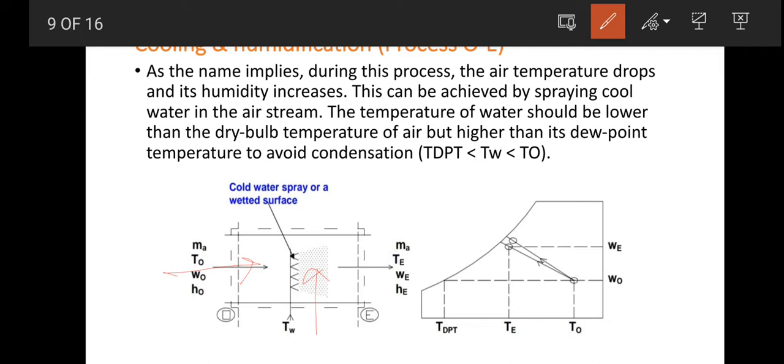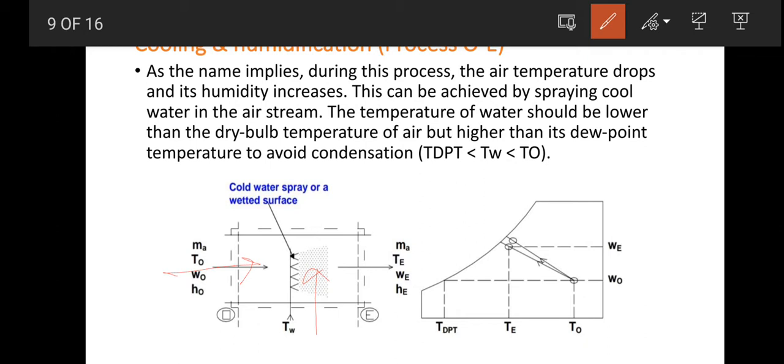Okay, and if the water temperature is kept higher than the temperature of the air, then due to the heat addition the water will be evaporated and carried in vapor form along with the air.